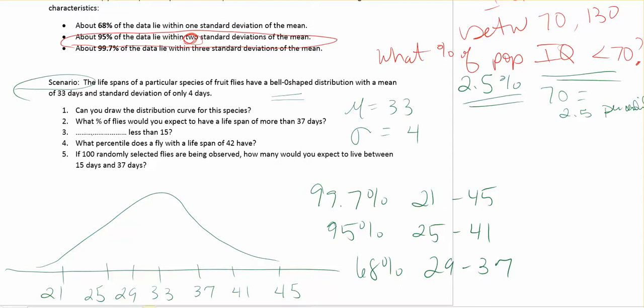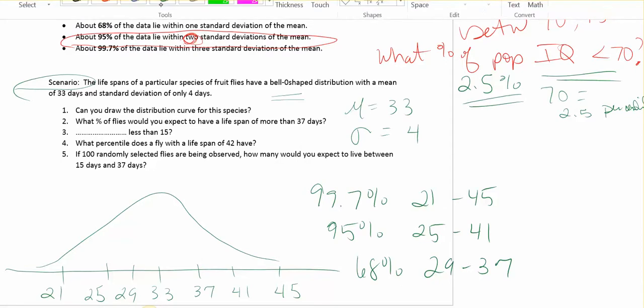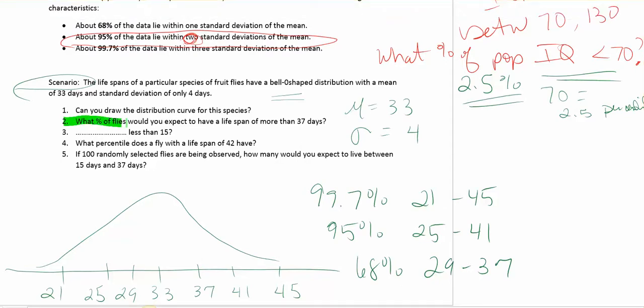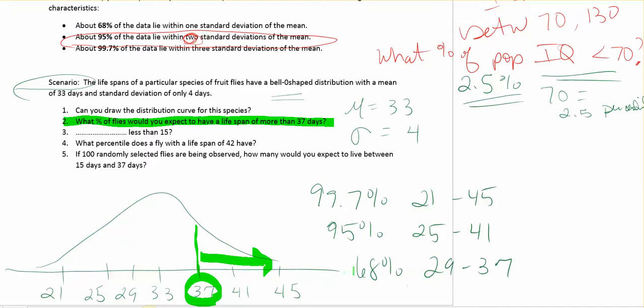So for number 2, what percentage of the flies would you expect to have a lifespan of more than 37 days? So go to your table and decide where that is. And more than is this way, right? But 37 is where on this information? Well, it's part of the 68%, right?